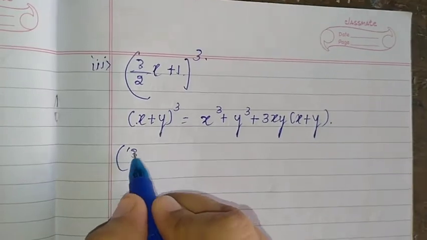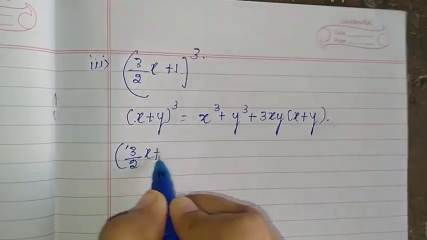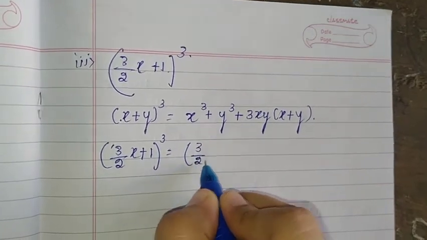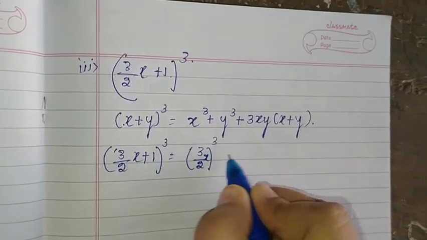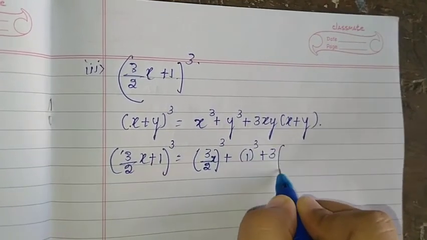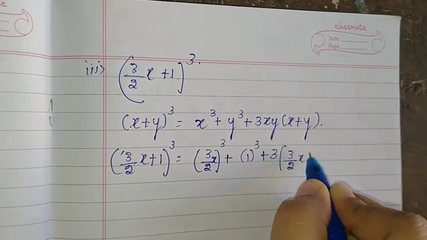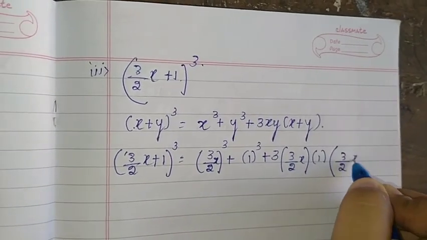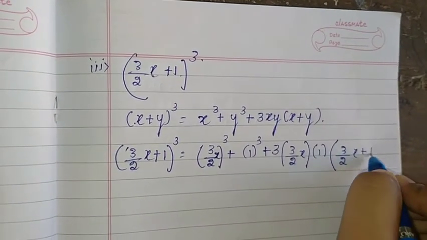So that you have to substitute. So (3/2 x + 1) the whole cube will be equal to (3/2 x) the whole cube plus 1 the whole cube plus 3 into 3 by 2x into 1 into (3/2 x + 1).